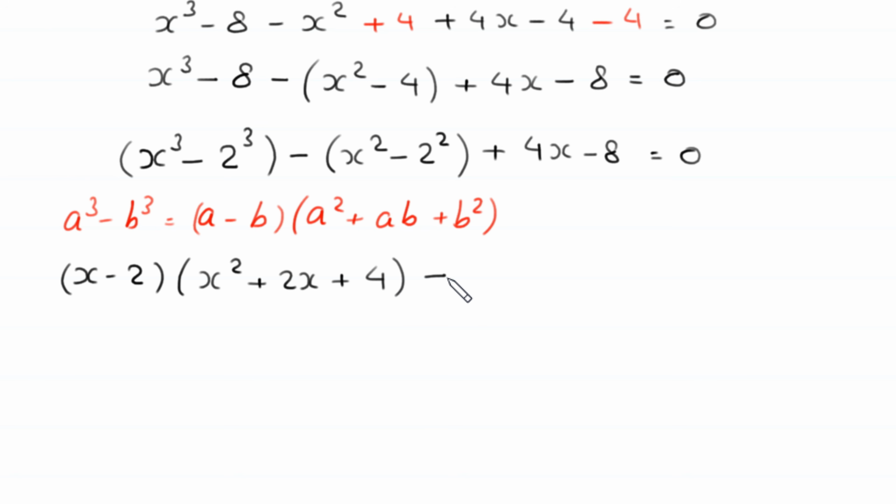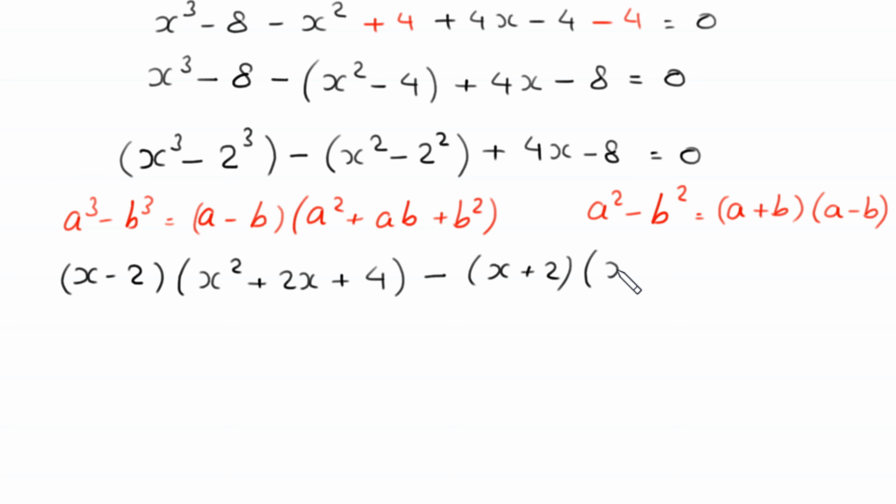Minus, by using this algebraic identity, a squared minus b squared is equal to a plus b times a minus b, this x squared minus 2 squared will become x plus 2 times x minus 2. Plus, from these two terms of 4x minus 8 we can factor out 4 as common factor, and in bracket left x minus 2, is equal to 0.